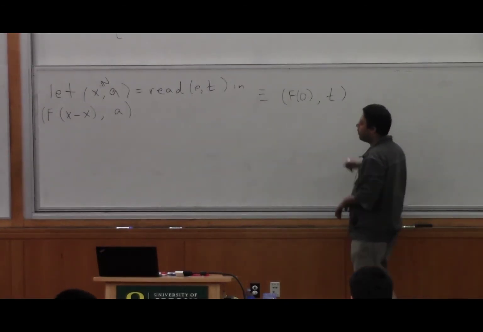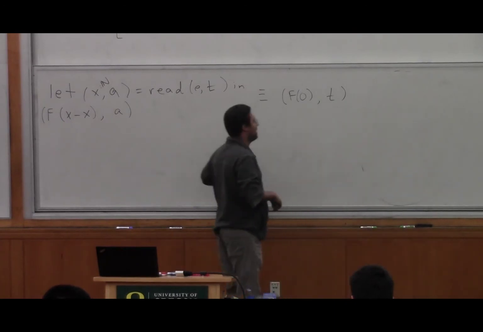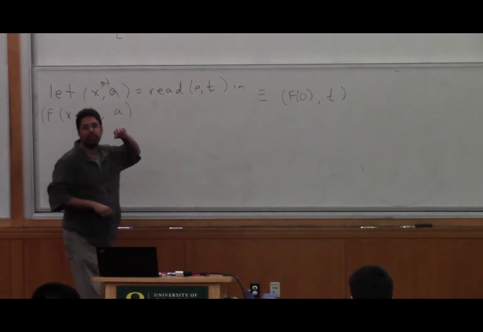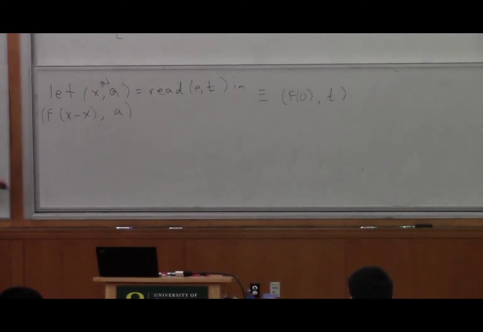One thing that's worth noting is that the kind of reasoning I'm doing here only makes sense in a typed context. Here I said, oh yeah, totally x minus x is 0. But is that true? Can anyone think of a counterexample for when x minus x might not be 0? Yes, that's right.